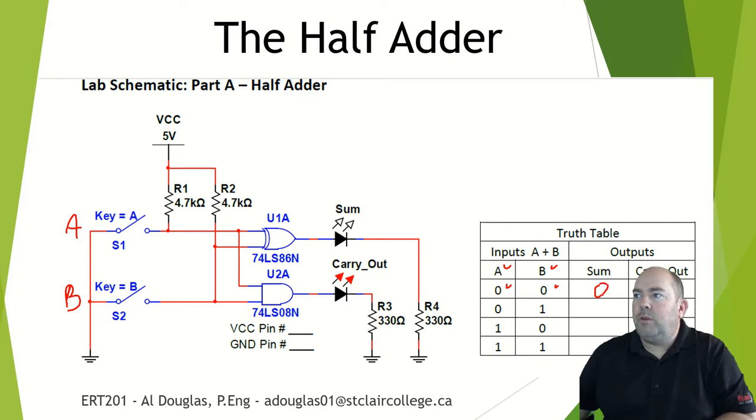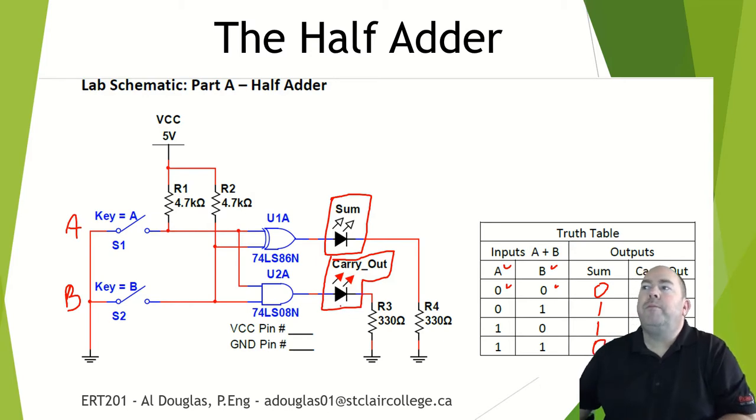So our sums are going to look like this. So you'll get your LED that indicates sum will come on for those combinations. Your LED for carry out will come on for only this last combination down here. You'll get a truth table that looks like that.